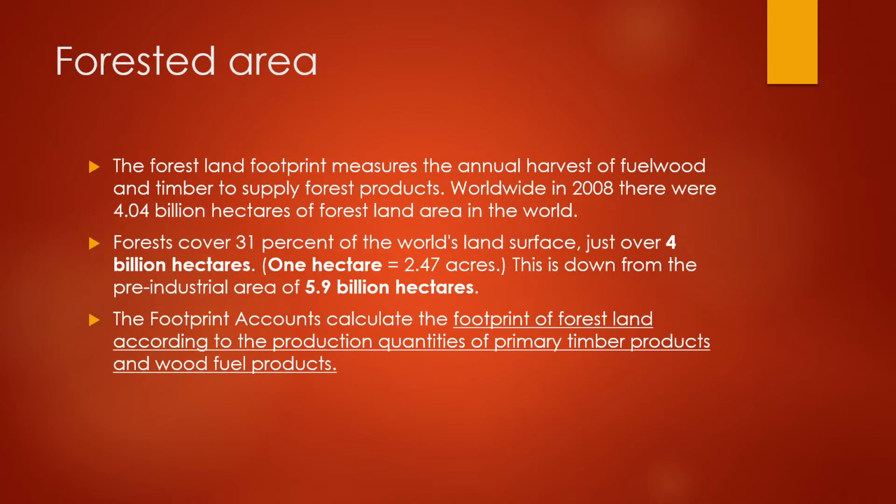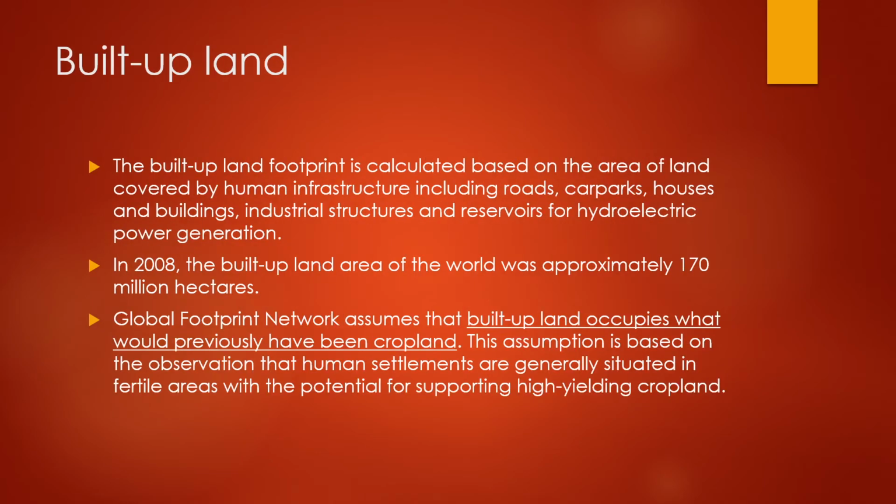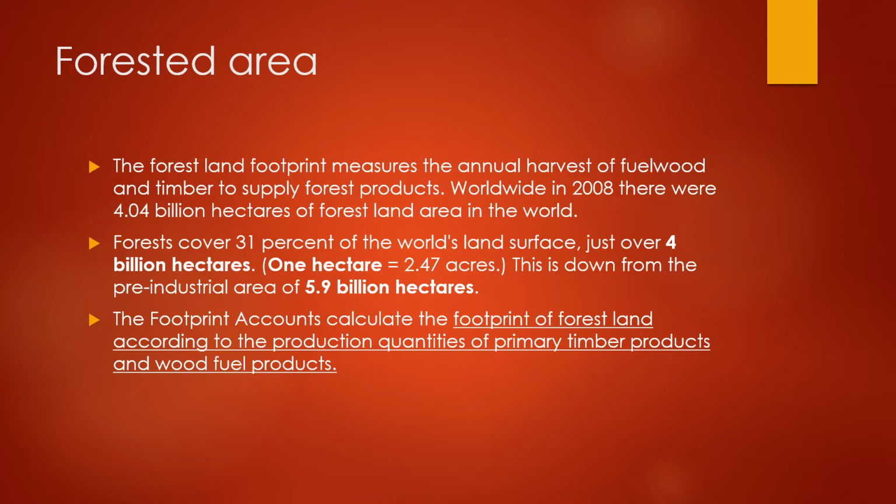The forest land footprint measures the annual harvest of fuel wood and timber to supply forest products. Worldwide in 2008, there were 4.04 billion hectares of forest land area in the world. When you compare that back to 170 million hectares for the built-up land, you can see how large forest is throughout the world. Forests cover 31% of the world's land surface, just over 4 billion hectares.